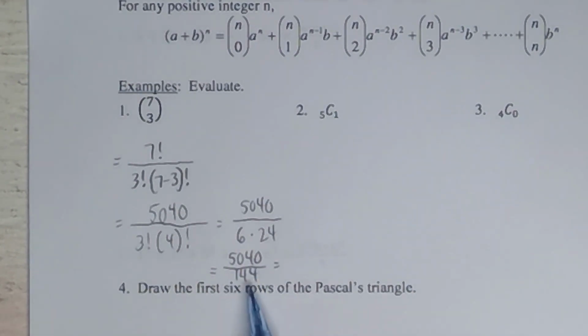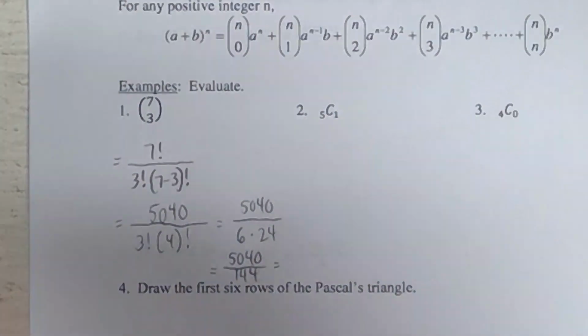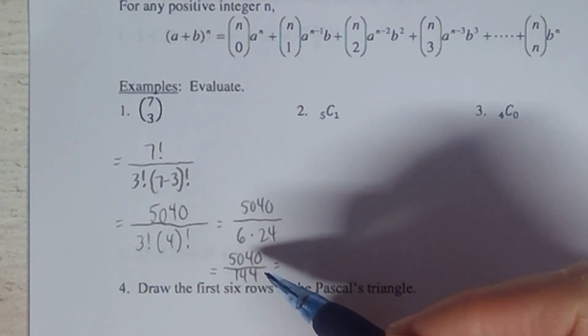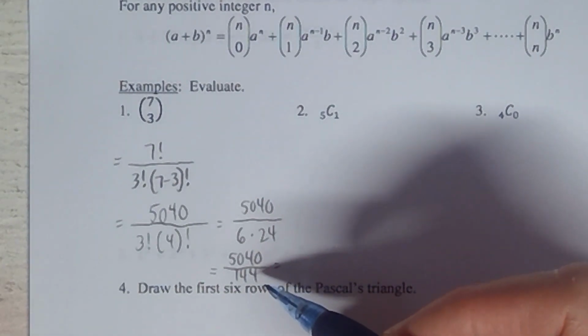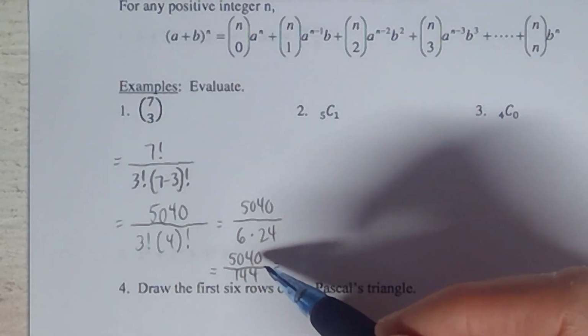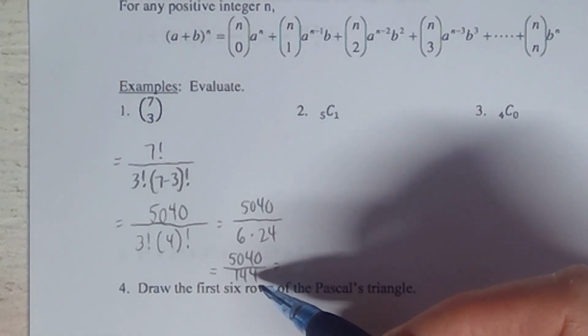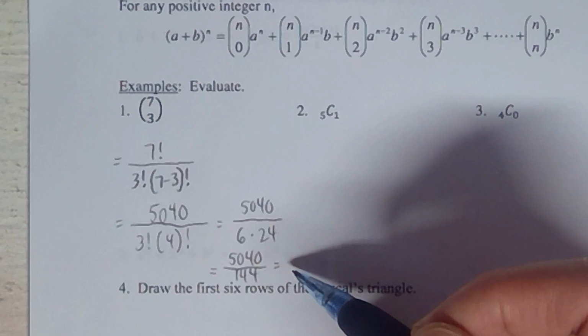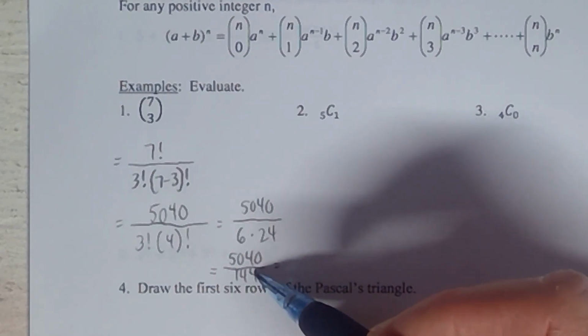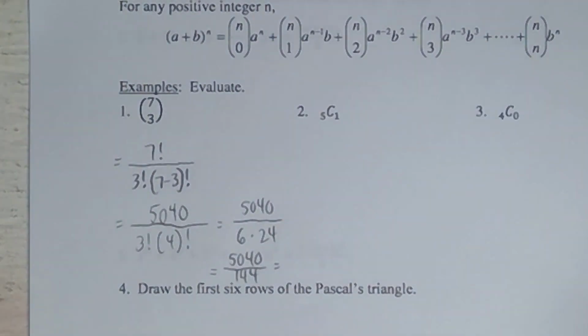Now that I know what the numerator and denominator are equal to, what is this fraction equal to? Since the numbers are big, normally I wouldn't expect you to put that in lowest terms, but remember what I told you: when you got numbers that big, at least try to divide them straight through your calculator to see if it ends up being equal to a whole number. See if the 144 divides evenly into 5,040.